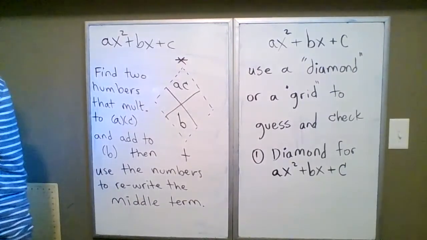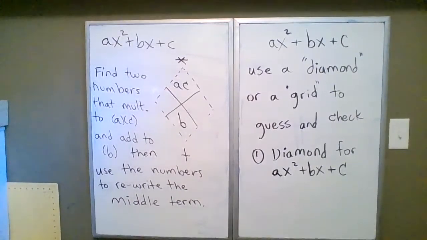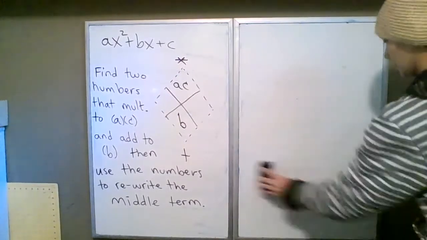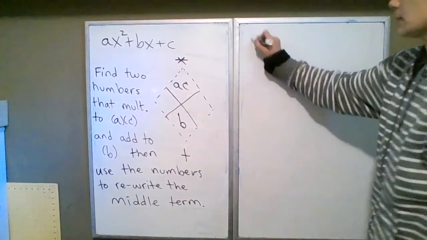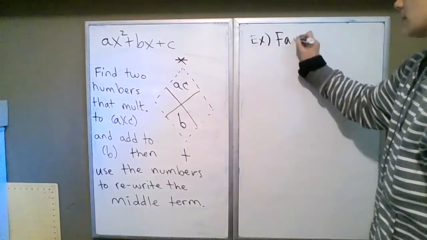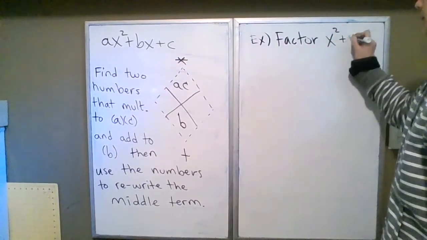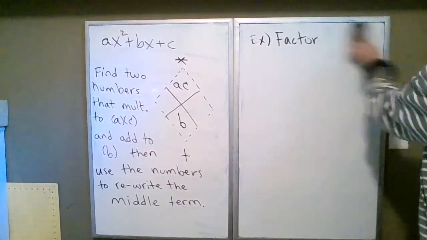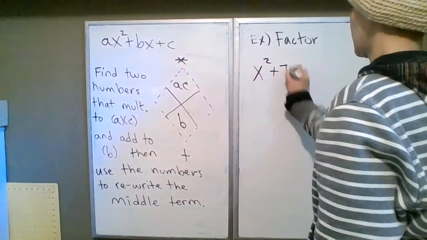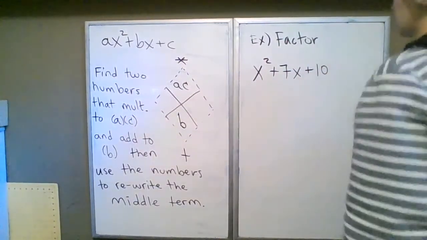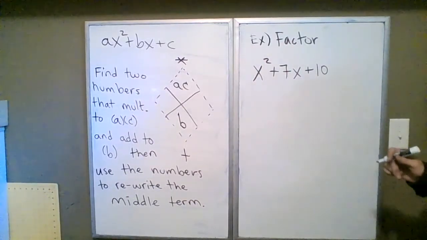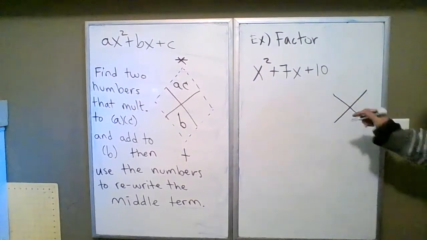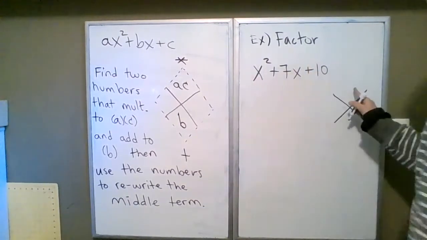Okay, we're going to factor x squared plus 7x plus 10. So we're going to do this scratch work where we make a diamond or a big X. You take 1 times 10, which is 10, and it goes at the top.